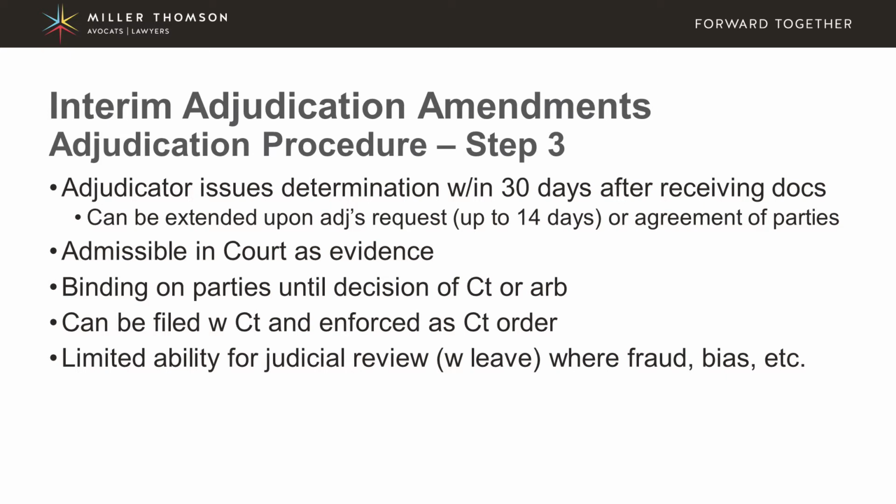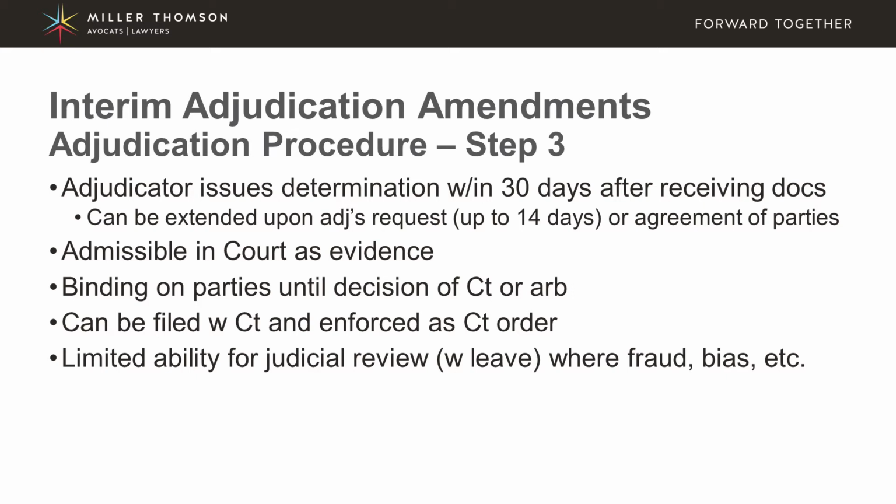There is a limited ability to appeal an adjudicator's determination. So judicial review can be sought with leave of the court. So you have to get permission of the court to have judicial review of the determination made. And there are very limited scenarios where this will be allowed.